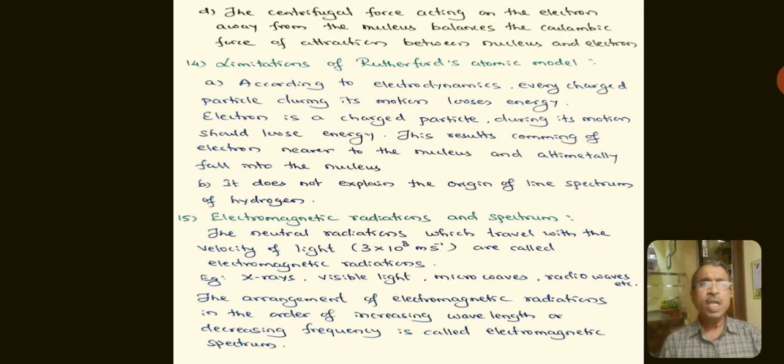And in those days, the origin of the line spectrum of hydrogen was the hot cake. The people were unable to explain these spectral lines. Similarly, Rutherford also could not explain the origin of line spectrum of hydrogen.